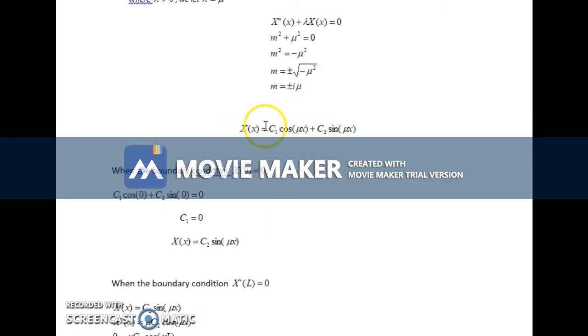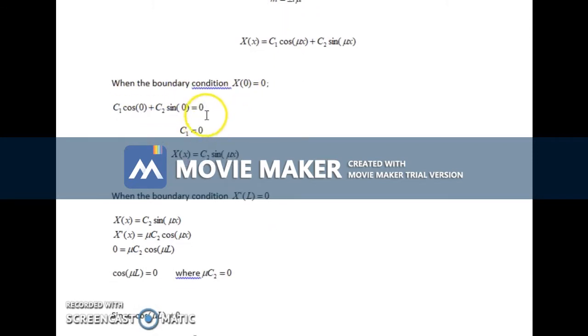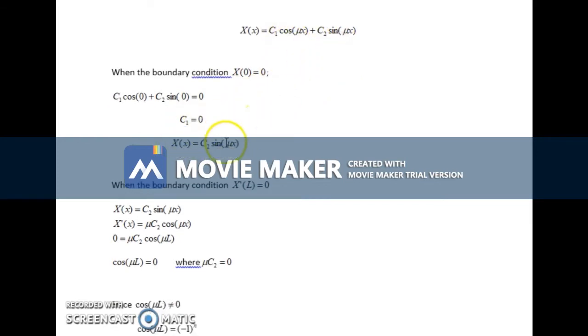So we will get the function X(x) equals c1 cos mu x plus c2 sin mu x. This is from Euler, if I'm not mistaken. When the boundary condition X(0) equals 0, we substitute into this function, and we will get c1 equals 0.